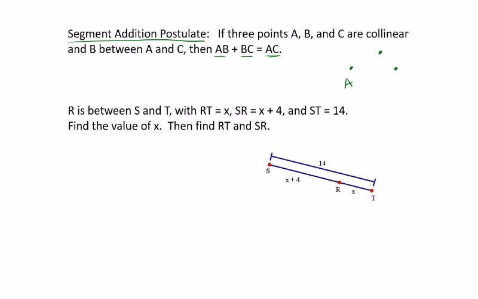Like if you had A, B, and C here, then AB plus BC doesn't necessarily equal AC. In fact, those wouldn't be equal in the case that you have 3 non-collinear points, okay? So the key here is that those points are collinear and that B is between A and C. In that case, AB plus BC will always equal AC, okay? So it doesn't work for non-collinear situations.